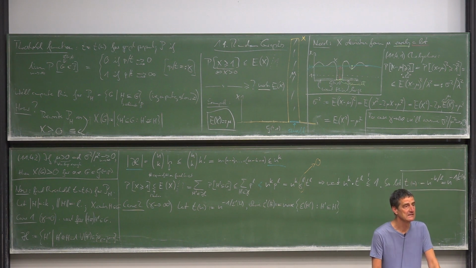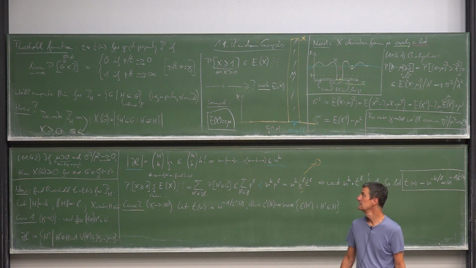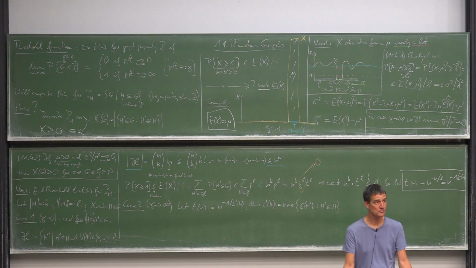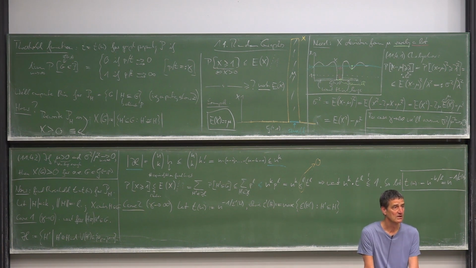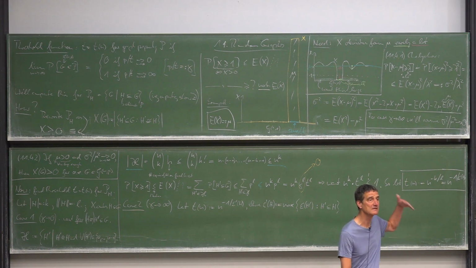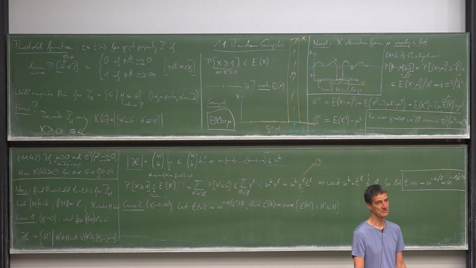Now, why is that? The first case says that almost no G has a copy of H for this particular probability being below the threshold.